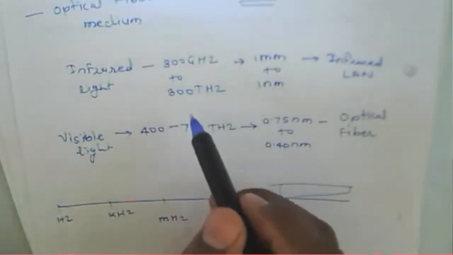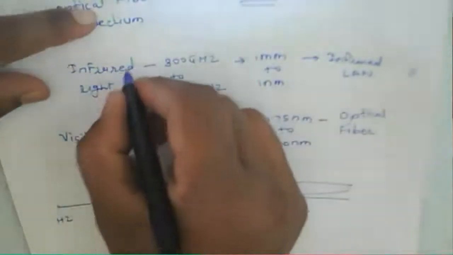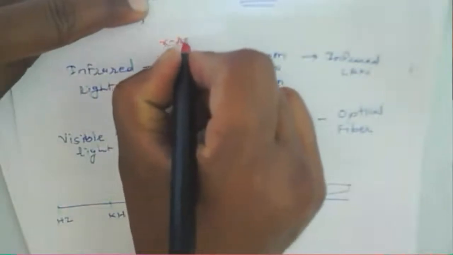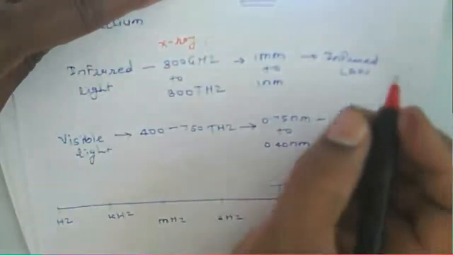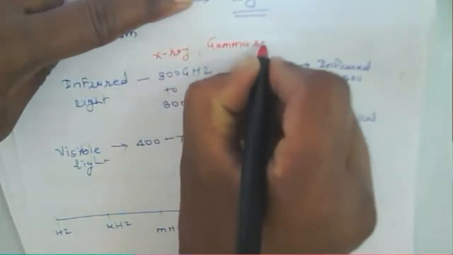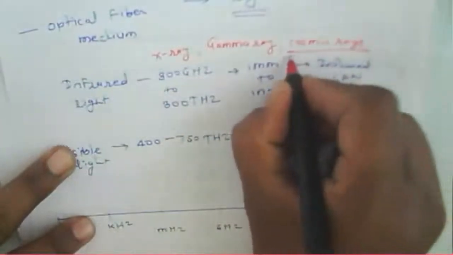These frequency signals are called rays, and these rays can be X-rays, gamma rays, or cosmic rays.